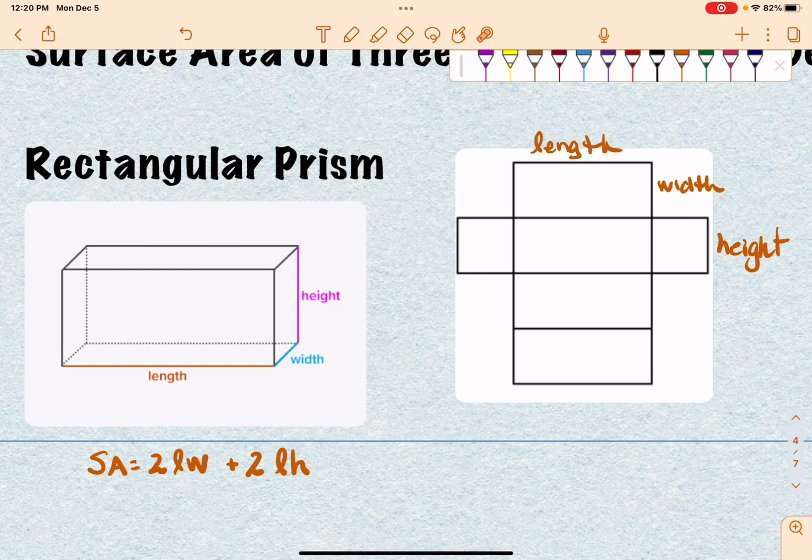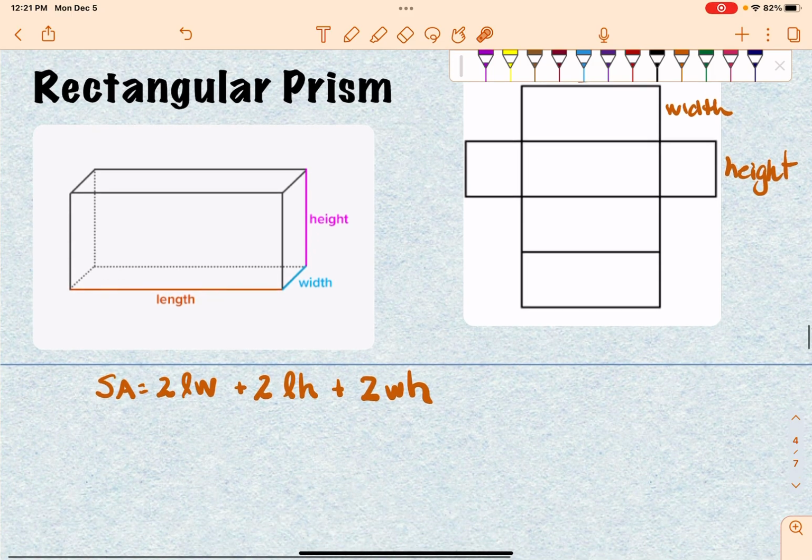So length times height would be the front of the box and the back of the box. And then I would do 2 width times height. And they would be the 2 ends of the box. So this rectangle here and this rectangle. So to do the surface area, I have to follow this formula.